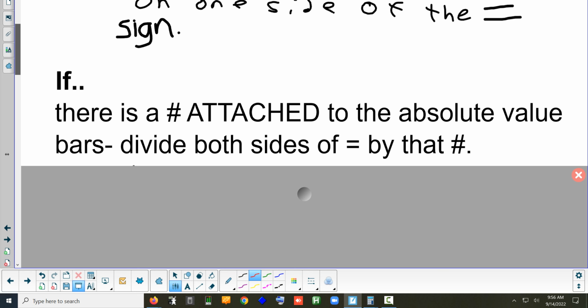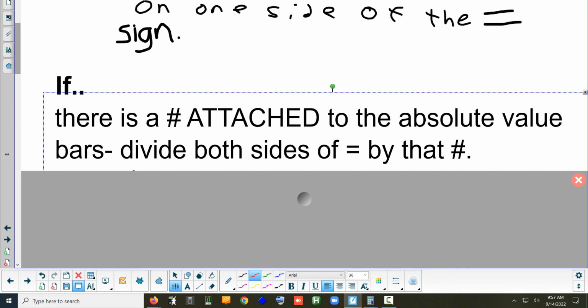When I say attached, I mean right next to it. I think it's already printed on your guided notes what it looks like. So if there is a number attached to the absolute value, we need to get rid of that number before we can do anything else. Divide both sides by that number.